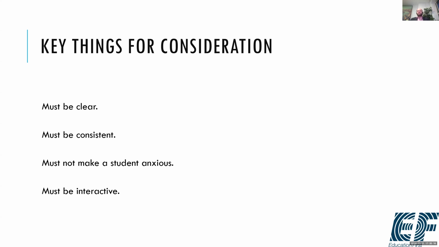Now, a couple of key things for consideration. Obviously, not all error correction techniques are made equal, and not all error correction techniques will work for every class. Now, for me, when I'm observing somebody and they are in the midst of error correction, the first thing that it needs to be is clear.